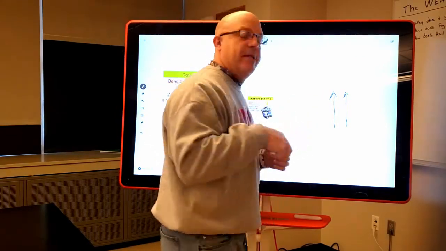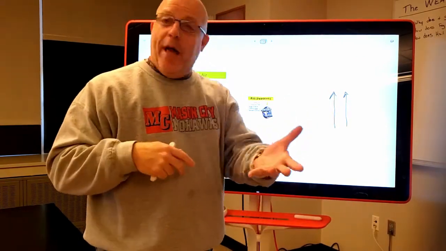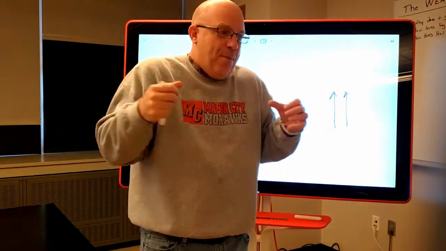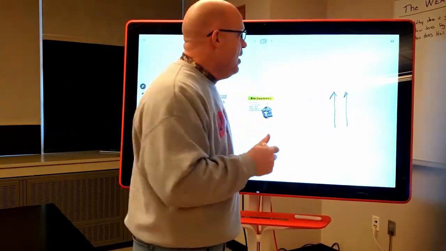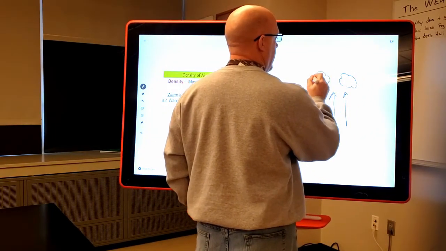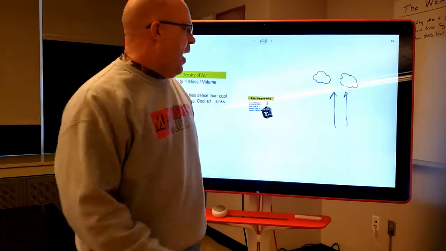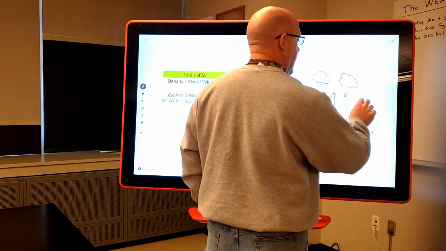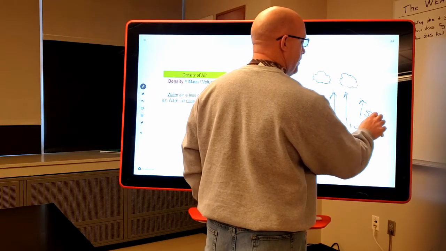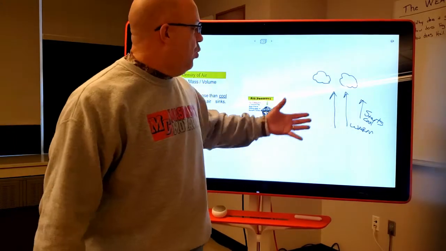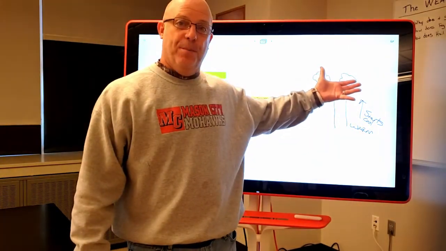When that happens, the water in the air, we call that humidity, can't stay in there anymore because the air particles are starting to squeeze it out. And what we see form is clouds. So as warm air goes up, it starts to cool. As it starts to cool, we see clouds starting to form.